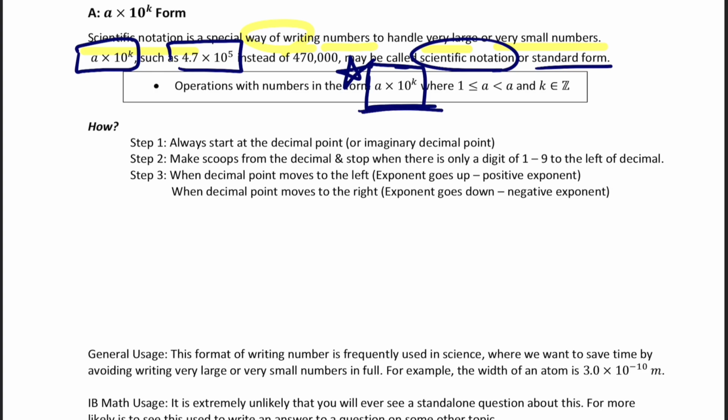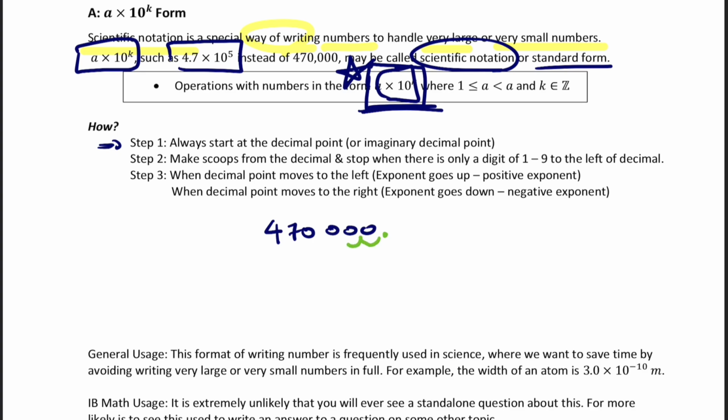However, there are a few rules that you need to follow to write scientific notation. Step 1, you always start at the decimal point. For example, when you have 470,000, you always start from the decimal at the very back. Then you move your decimal until there's only one number left to the left of the decimal.